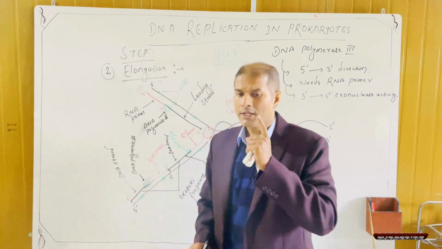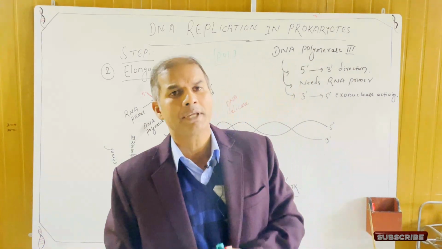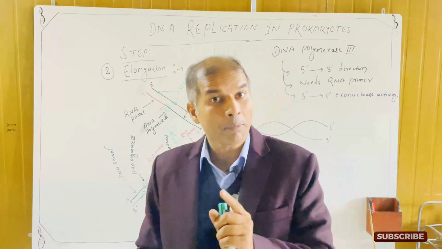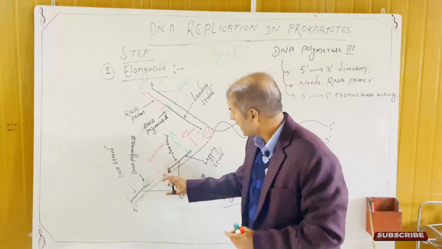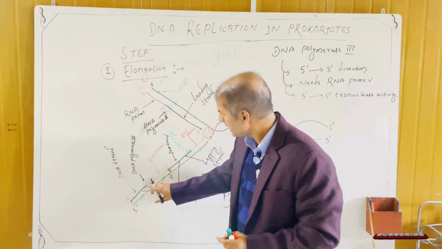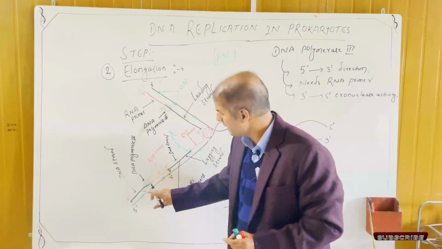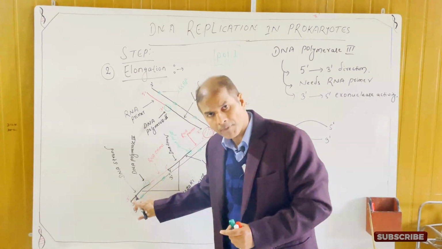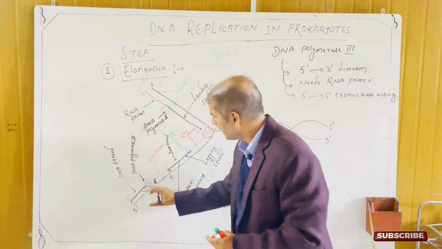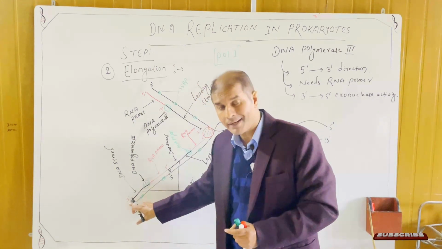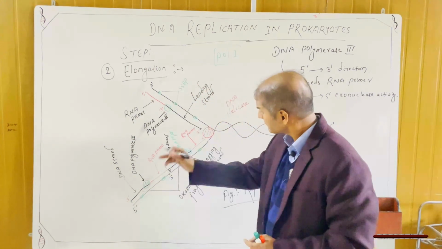Always remember, DNA polymerase III always binds at the 3' end of RNA primer. So DNA polymerase III comes and binds and forms a new stretch of DNA. And finally, this will be the 3' end of new strand.